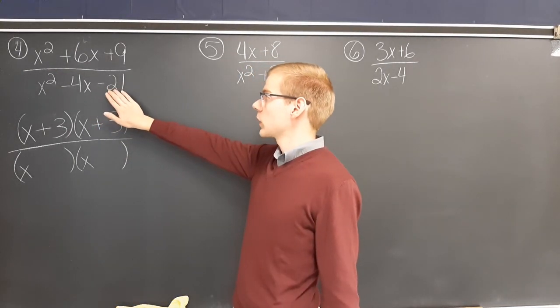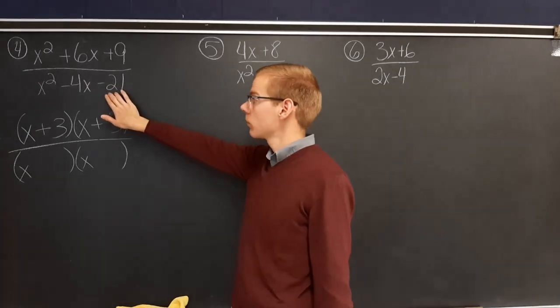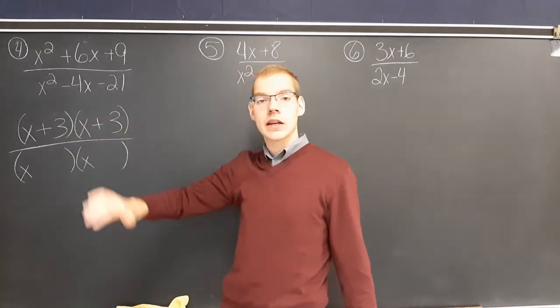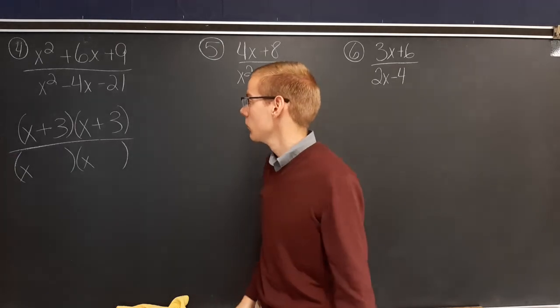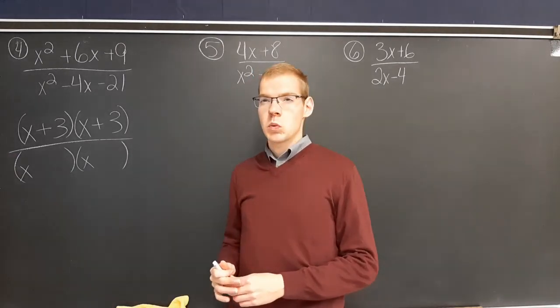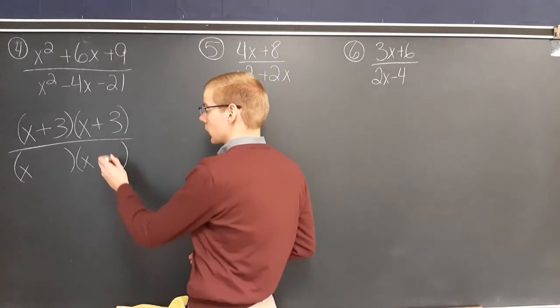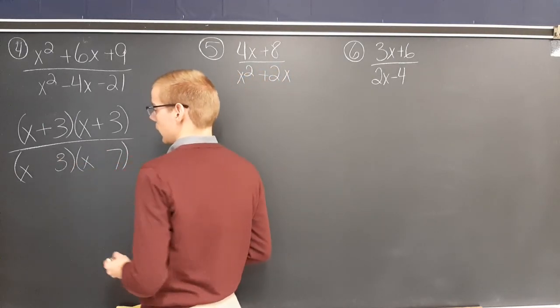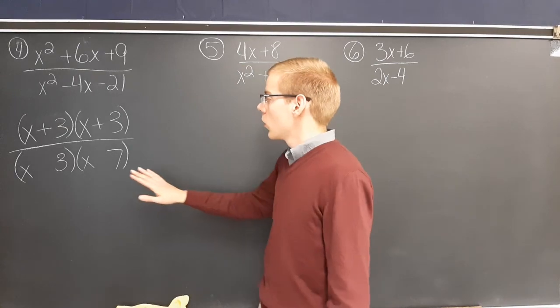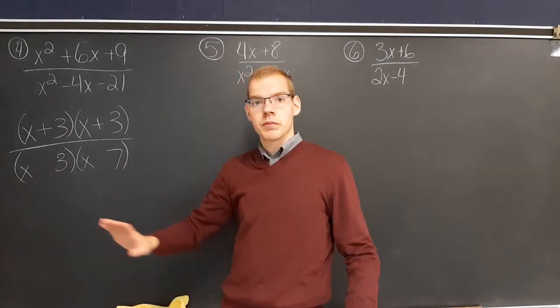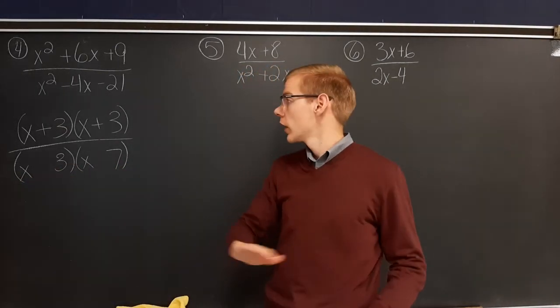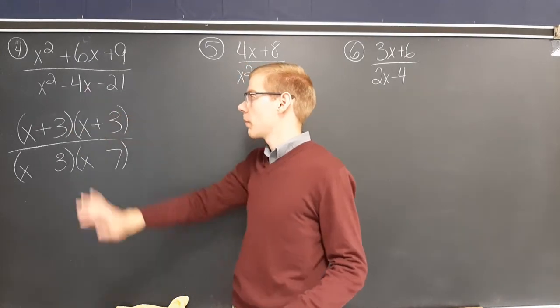What two numbers can we multiply to get negative 21 and add or subtract to get negative 4? 21 would be 7 and 3. Let's try that. 7 and 3. Now, which one needs to be negative in order for it to become negative 4?